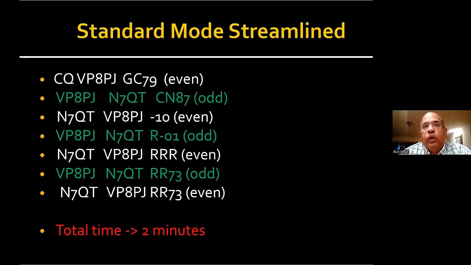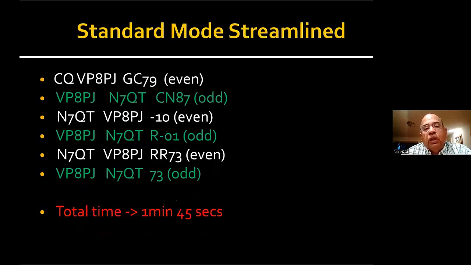N7QT responds with a Roger acknowledgement that it received VP8PJ's signal report and sends a Roger 01 back to VP8PJ. At which point VP8PJ sends a Roger, N7QT responds with a Roger 73, at which point the DX station concludes with a Roger 73. Total lapse time is 2 minutes.